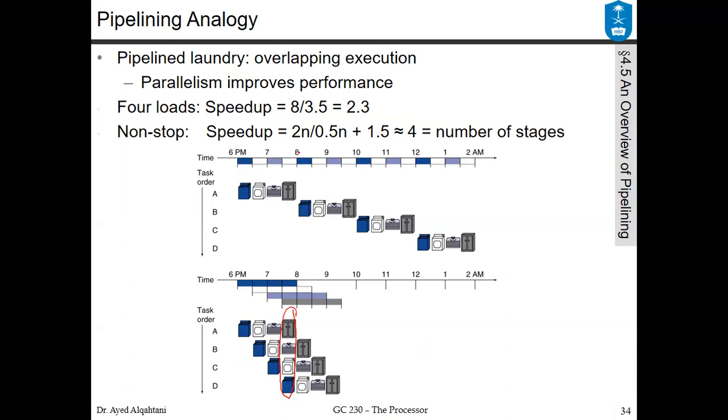So assuming you have n loads, and n is big number, the speed up for this case, you would have each load will have 2 hours, so 2n.